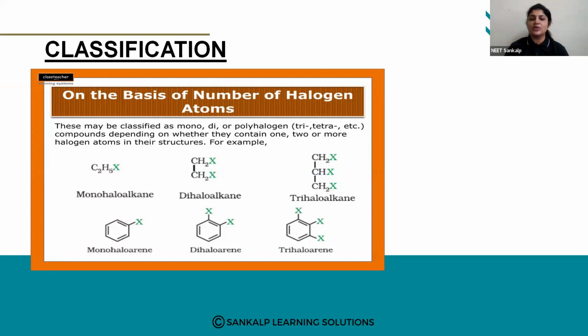If three, trihaloalkane. These are haloalkanes, when you have an aliphatic chain. Whenever you have an aromatic ring, they are called haloarenes. Here the halogen atom is attached to an aromatic ring. With one halogen it is a monohaloarene, with two a dihaloarene, and with three a trihaloarene.